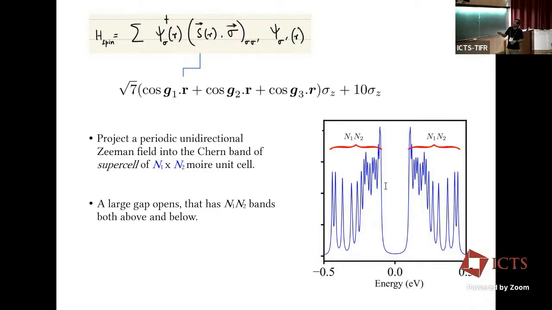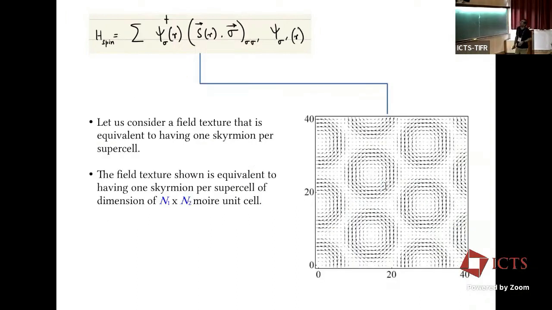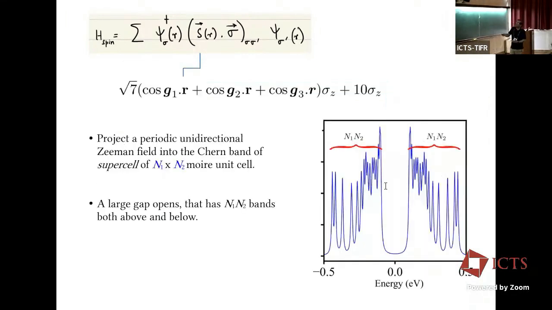Immediately what you'll have is that this conduction band will break into two bands of exactly half the electrons on each side. So it tells us that if the band is half filled, you're most likely going to be forming a spin polarized band. On the other hand, if I introduce a texture which has a real texture in real space, very similar to there, but now I'll have some sigma x, sigma y.